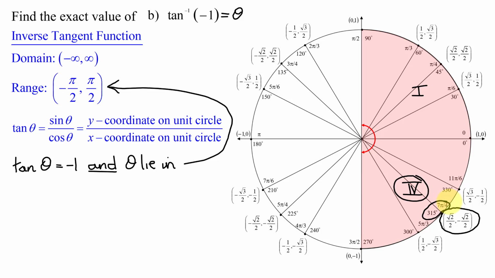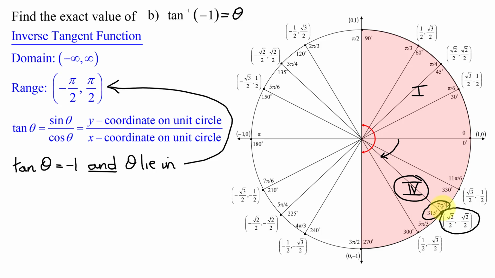But be careful. When your answer is in quadrant 4, I cannot say my angle is 7 pi over 4 because that does not lie in this range. What I have to do is find the angle that rotates in the negative direction to get to this point.